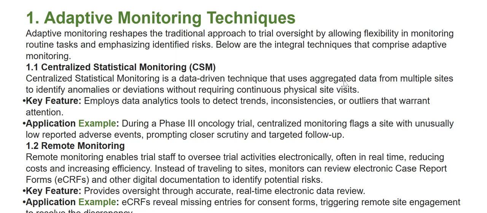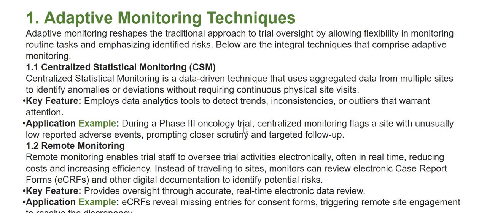It uses aggregated data, whatever data the system has from multiple sites, not only from one site, to identify anomalies or deviations without requiring continuous physical site visits. Key features: employs data analytics tools to detect trends, inconsistencies, or outliers that warrant attention.